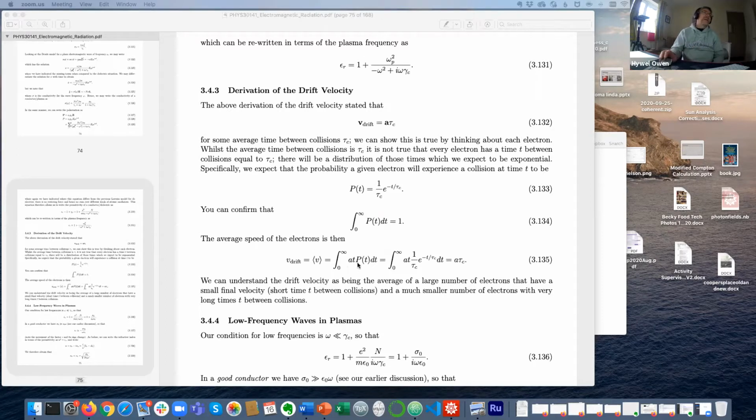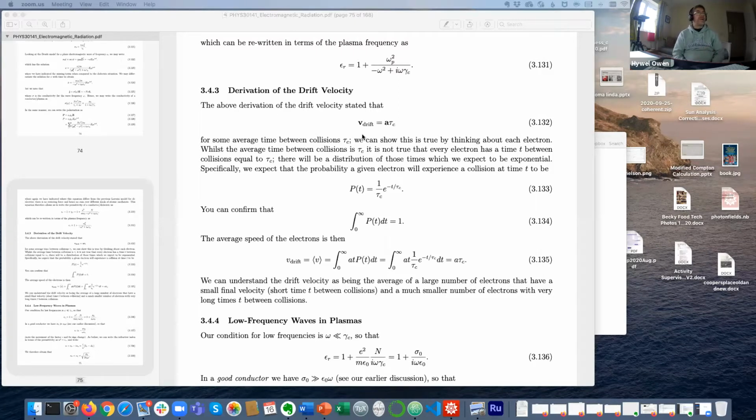And we simply need to integrate over all such times with this probability distribution. And when we do that, you'll be able to show for yourself that, hey presto, it's just equal to A times tau c. So that's where this Drude model relationship between the collision time and the drift velocity comes from. So hopefully that clears it up.